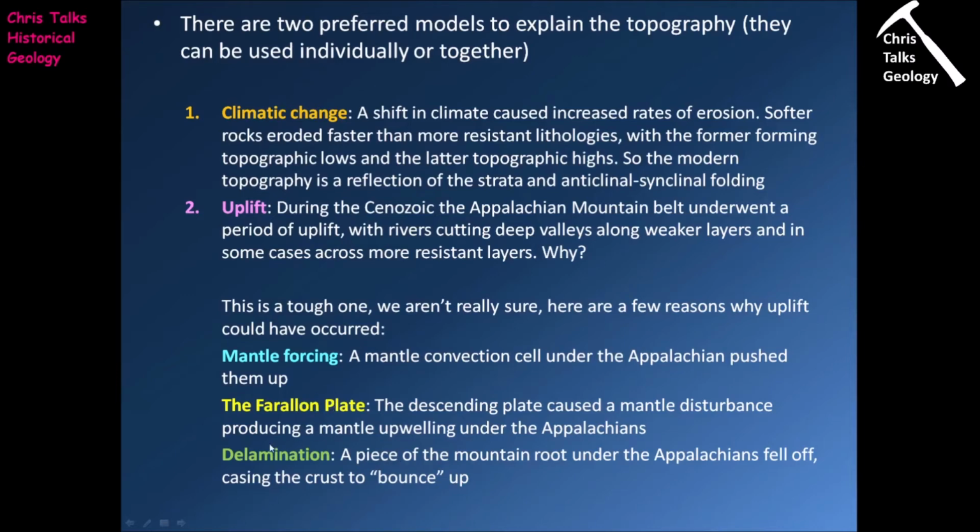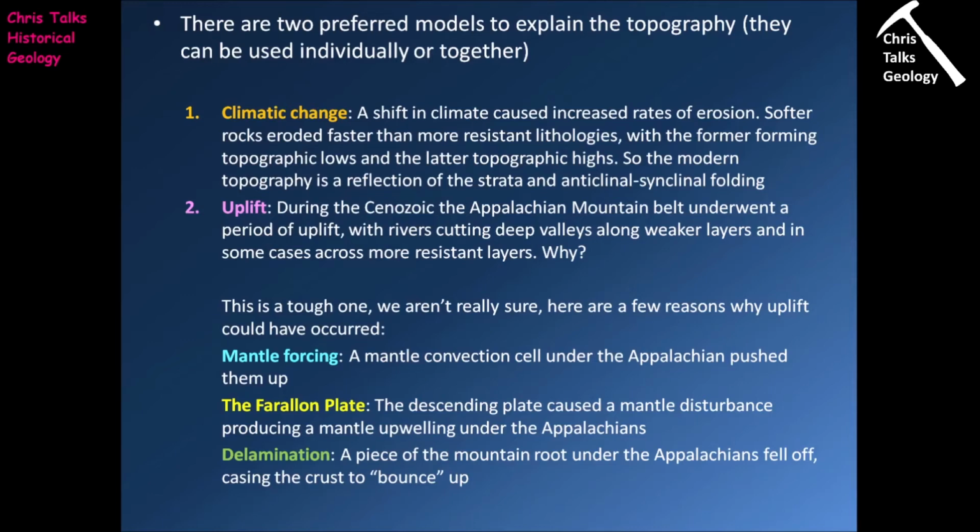And so it's possible that the descent of the Farallon plate could have caused some kind of mantle disturbance, and this mantle disturbance could have led to some kind of mantle upwelling underneath the Appalachians. Once again, it could have caused a region of hot mantle to rise up underneath the Appalachians, and once again, the buoyancy of this hot mantle is going to push up the Appalachian region, leading to the topography that we see.